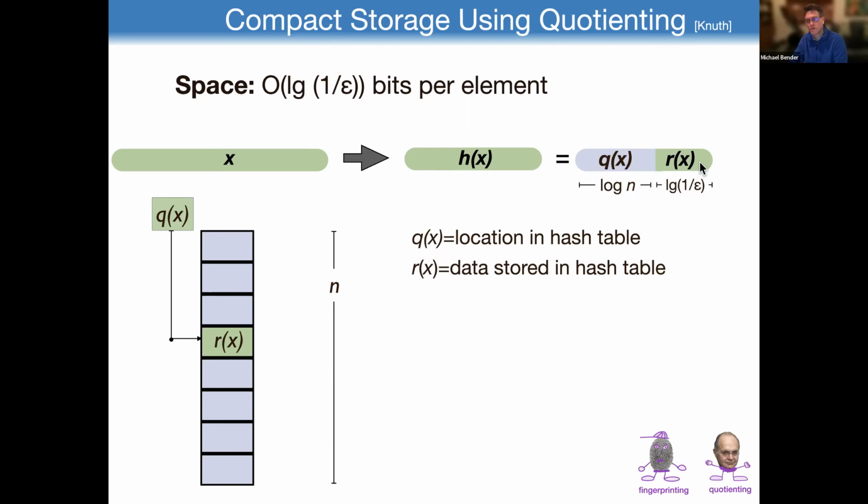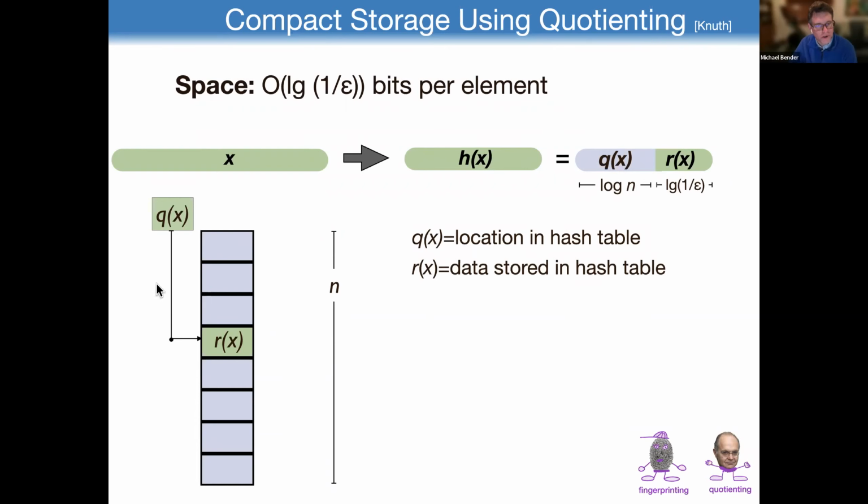That's the whole length of the fingerprint. This part of the fingerprint, the first log n bits, we're actually going to store implicitly, and we're only going to store these green bits explicitly. So these first log n bits, that's called the quotient. This is called the remainder. And this quotient, Q of X, we're going to store it implicitly.